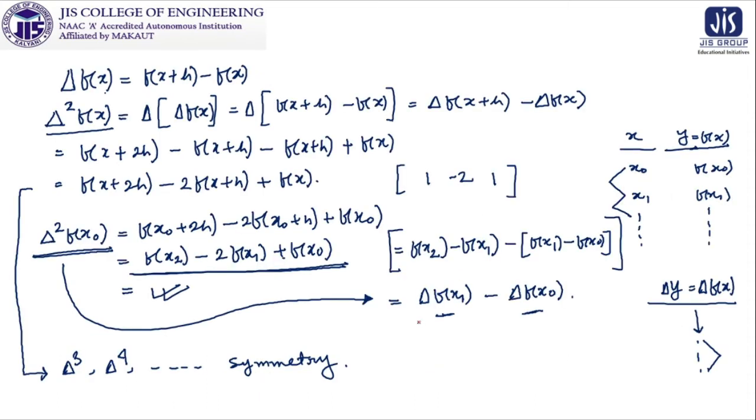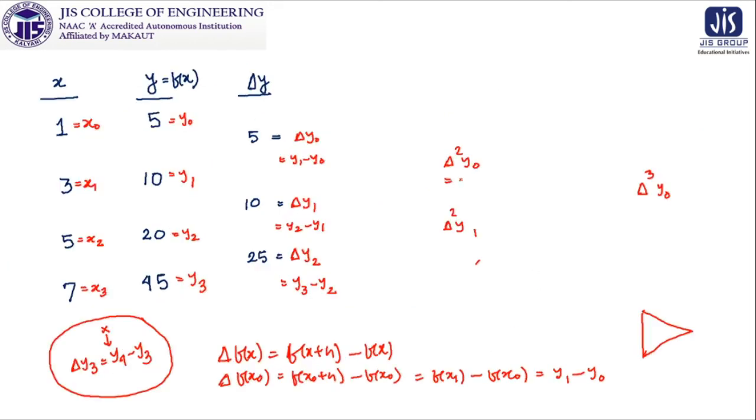So here if we want to find del 2 f(x0), it is del f(x1) minus del f(x0). In the notational point of view, we can write it as del y1 minus del y0.